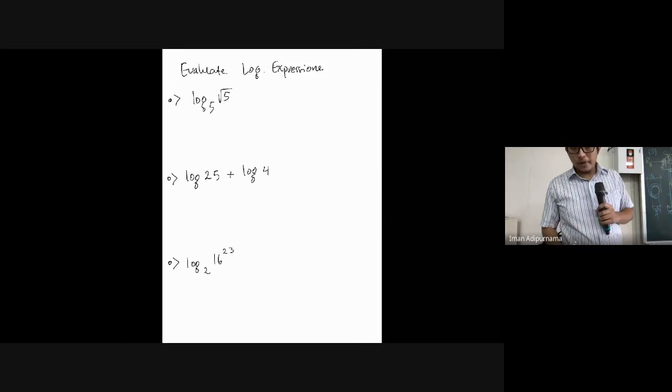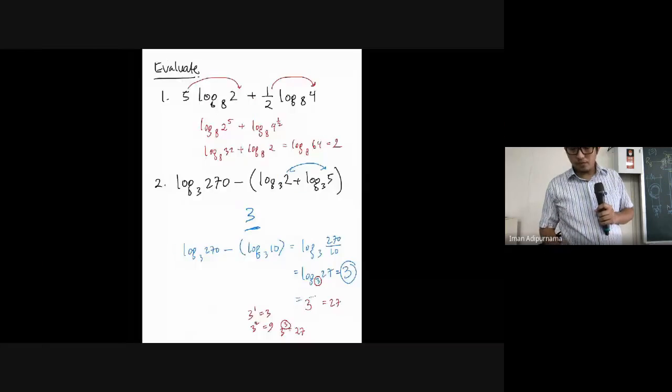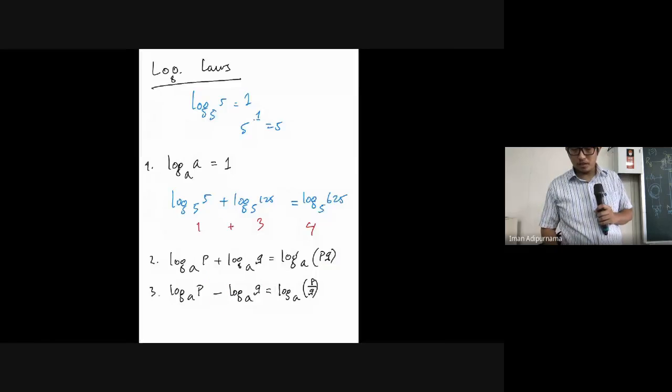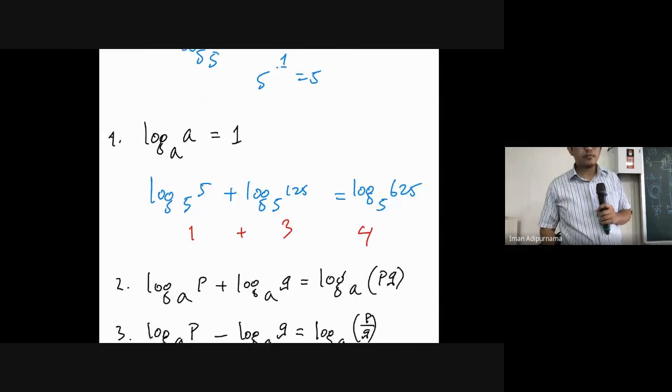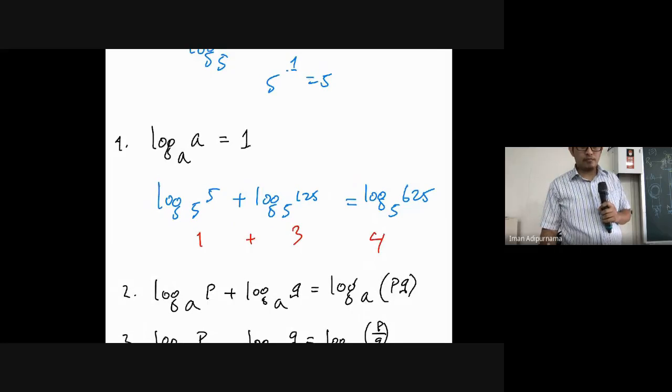Let me go back to previous slides so you can have some reference. From this log, if you have the same base and result, you can write this as 1.